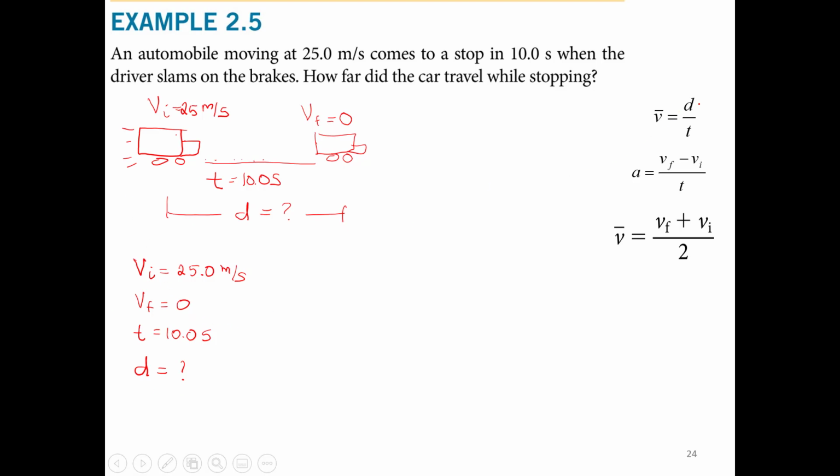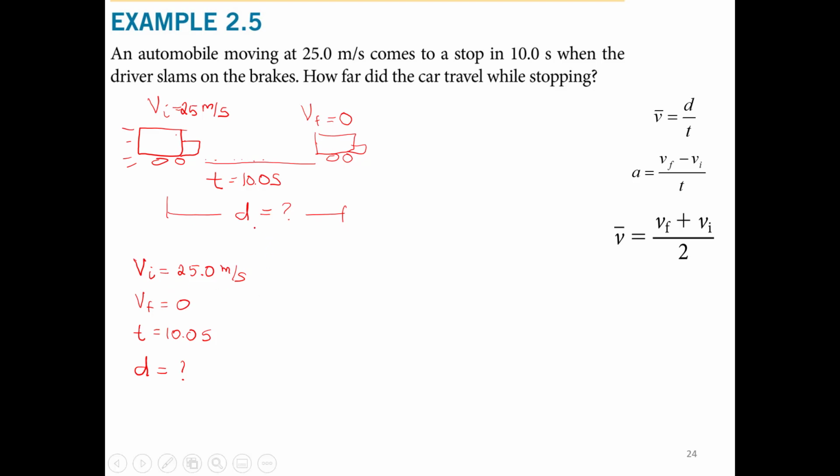To calculate the distance, we need the average velocity and the time. But this 25.0 meters per second is not the average velocity. This is the initial velocity. 0 is not the average velocity, it's the final velocity.